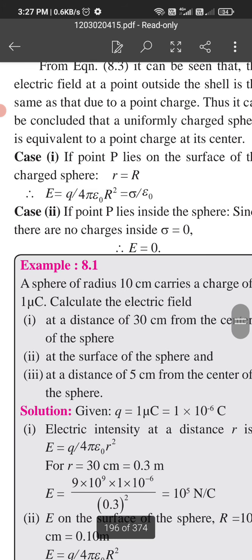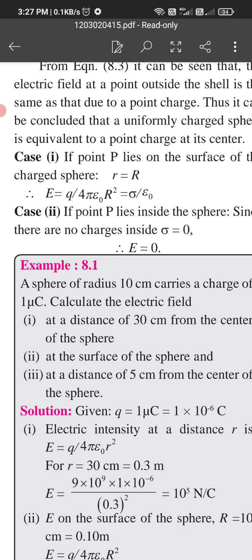So E is equal to, we substitute the value of q, 9 into 10 raised to 9 multiplied by 1 into 10 raised to minus 6 upon 0.3 bracket square.